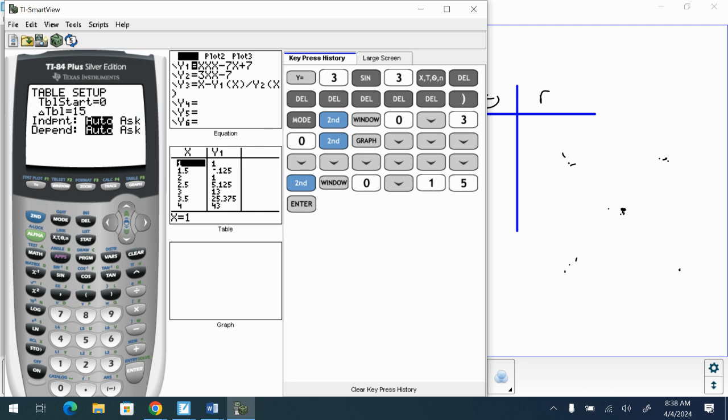Now when I go to my second and my table, I have 0, 15, 30, 45, 60. I have those values, and I don't have to plug into my calculator each and every time. KYC. Know your calculator. Saves you a lot of time.